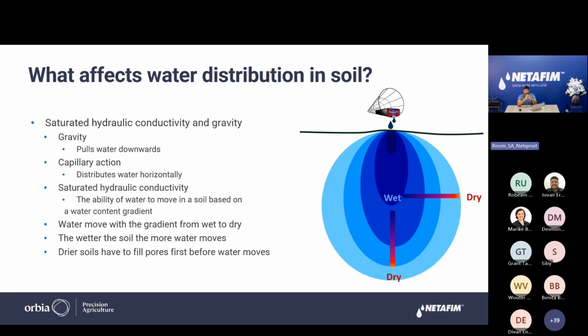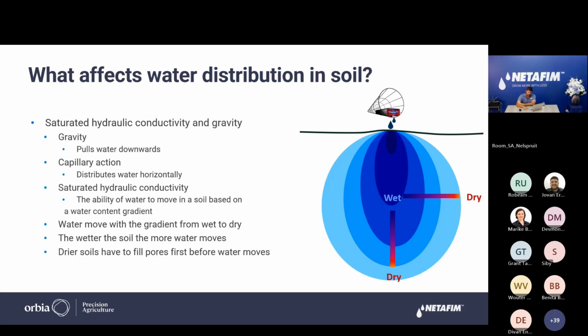If you have a high concentration of water right underneath your dripper, you will reach a saturated zone there, and that saturated zone will start distributing the water outwards. If you fill a cup, the water remains in that cup, but if I overfill it, the water is going to start moving over the edge and away. That is exactly what happens in the soil.